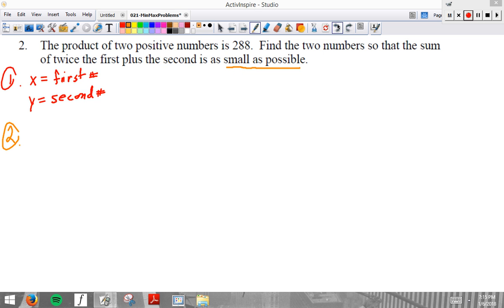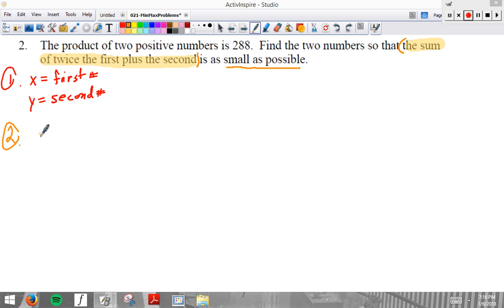But that's wrong. What do we want to be as small as possible? The sum. The sum of twice the first plus the second is as small as possible. We want all of this to be as small as possible.